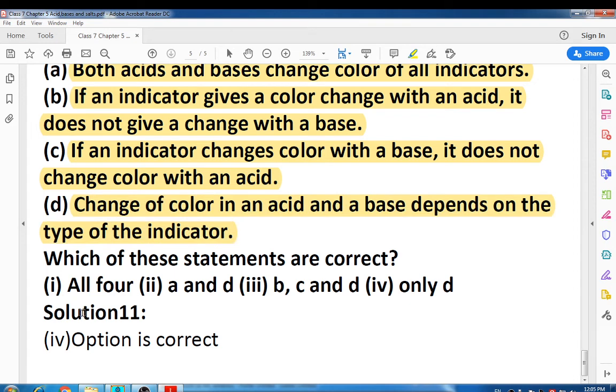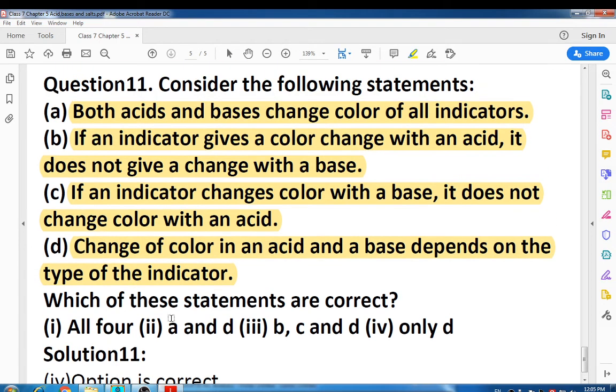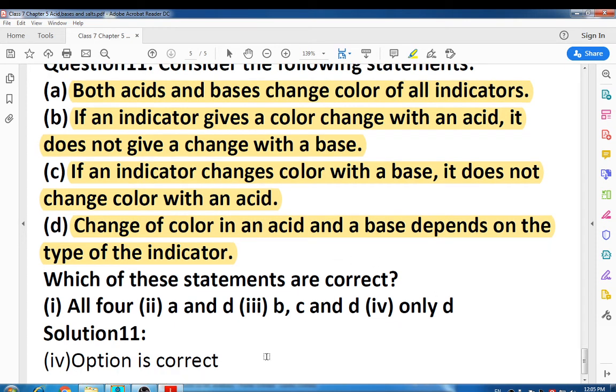So all four, means all the statements are correct; A and D statements are correct; B, C and D statements are correct; or only D statement is correct. So the option is 4. Only statement D, that is, change of color in an acid and base depends on the type of indicator, only that statement is correct.